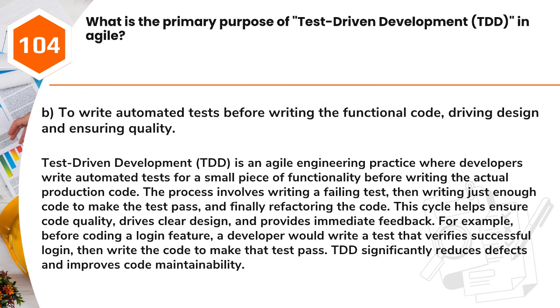This cycle helps ensure code quality, drives clear design, and provides immediate feedback. For example, before coding a login feature, a developer would write a test that verifies successful login, then write the code to make that test pass. TDD significantly reduces defects and improves code maintainability.